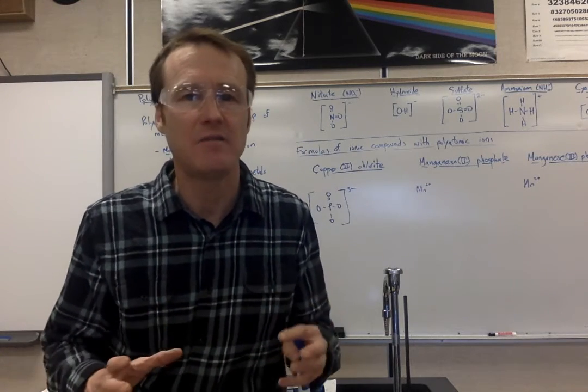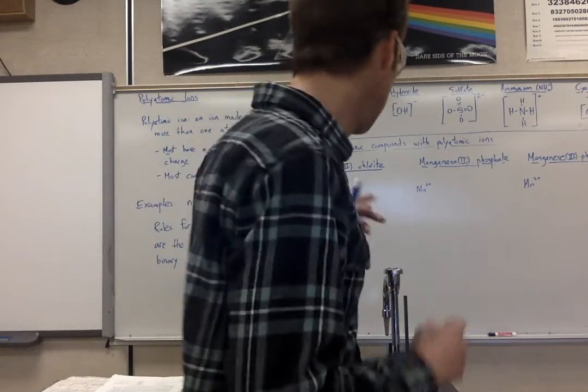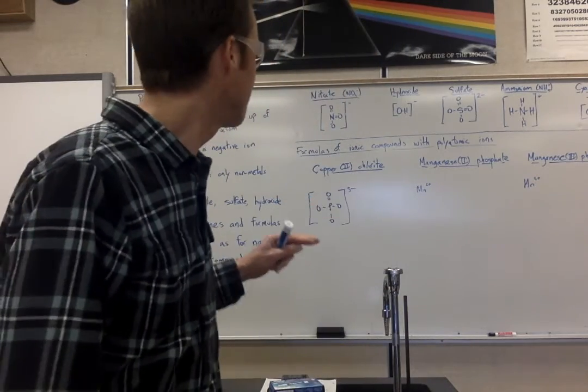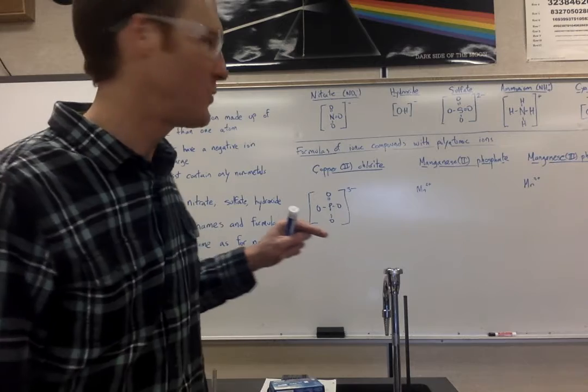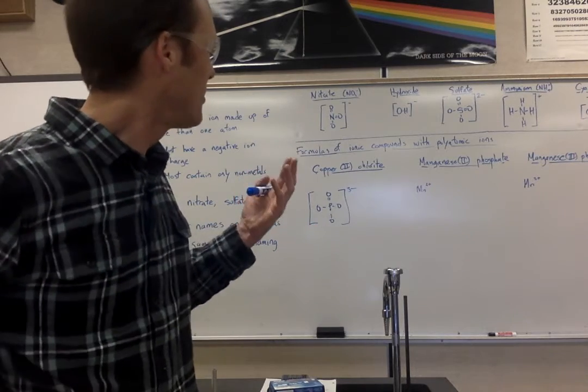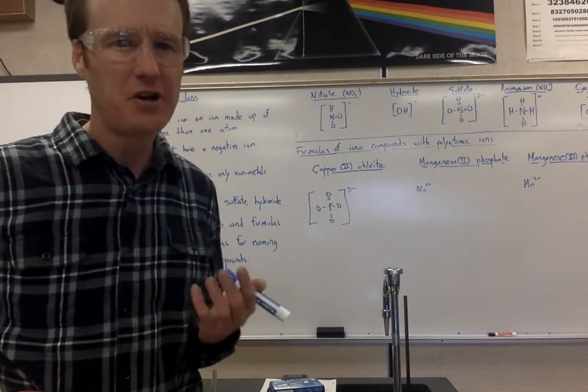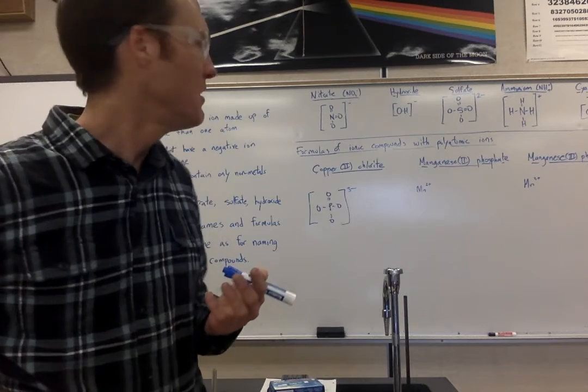So it's a very negative ion, a very reactive compound. Bad for waterways. All right, now we need to figure out where that's going to take us when we make our formula.